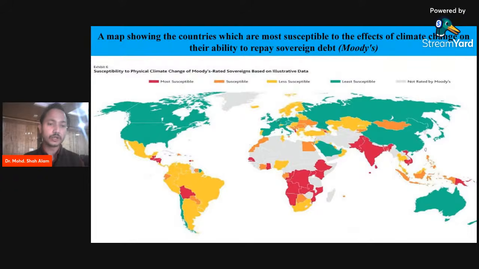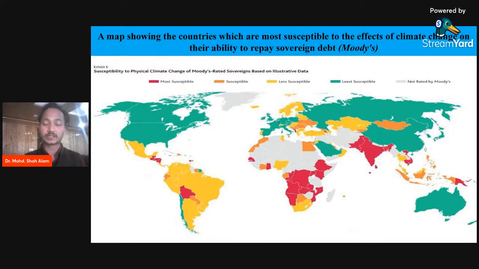It is prepared by Moody's, who have an economic background. The areas covered in dark red are most susceptible to climate change, and their agriculture is more susceptible too. If temperatures increase by 1 or 2 degrees Celsius, the productivity of their major cereal crops will decline sharply, which will ultimately impact the agriculture GDP that contributes to the state or national GDP, and they won't be able to repay their sovereign debt.